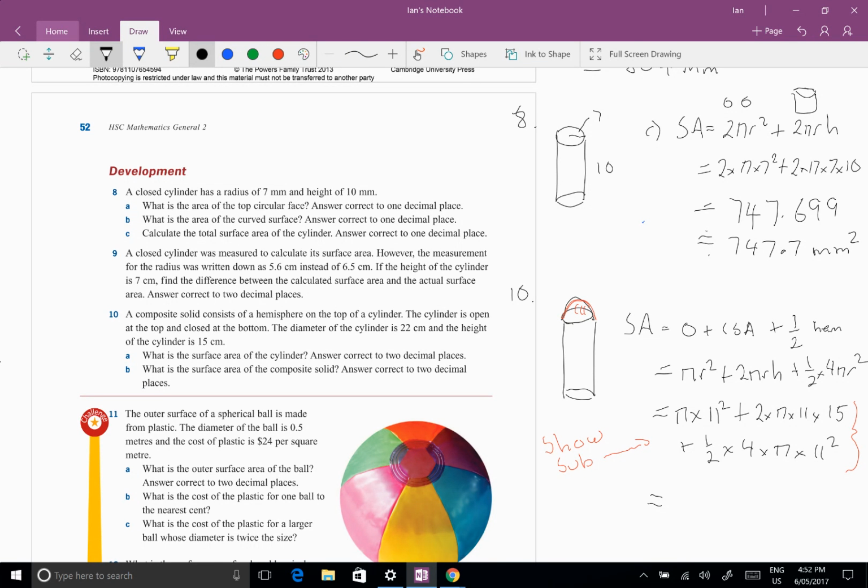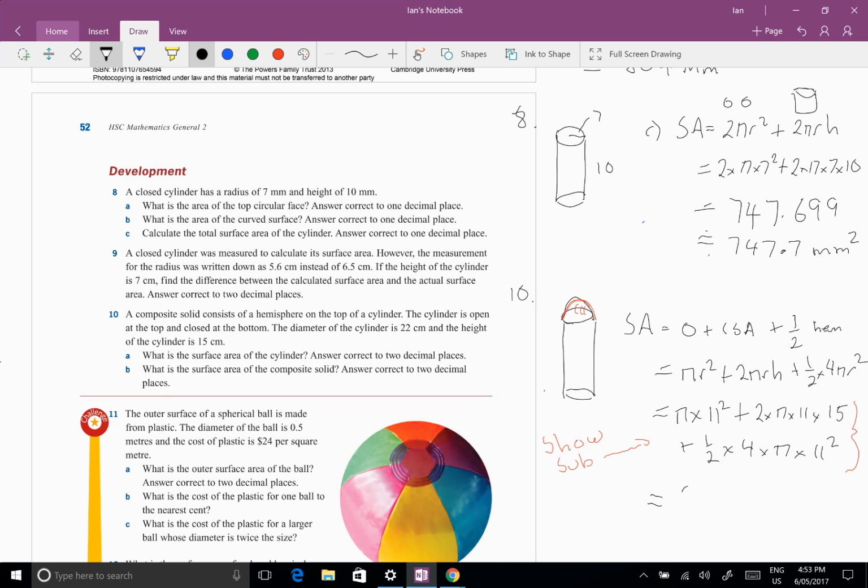So pi times 11 squared plus 2 times pi times 11 times 15 plus a half times 4 times pi times 11 squared.